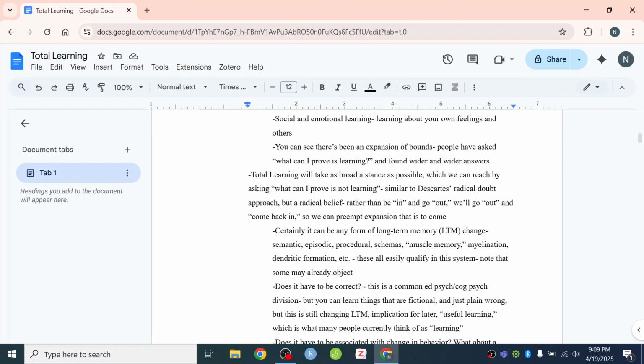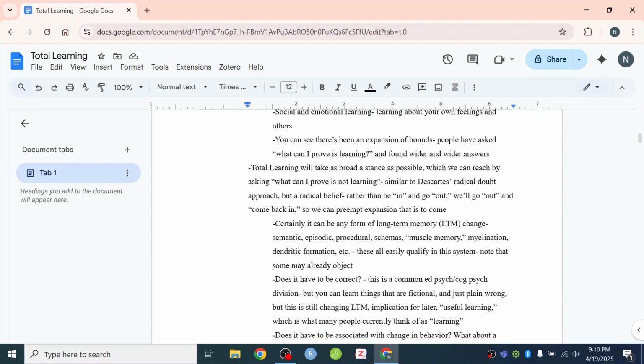We're getting to this idea of useful learning, which I've created to fit within the total learning framework, which is what many people currently would think of as learning, especially educational psychologists. When they talk about you learn that and you fail to learn that, they mean you have generated useful learning versus you've generated some kind of learning which is not useful. But we'll get to that when we get to the implications section. Okay.